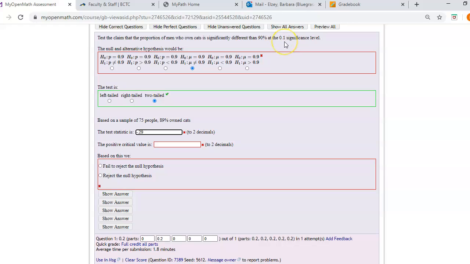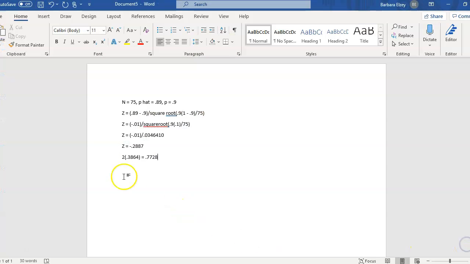We have a significance level of 0.1. All right, so it is a two-tailed test with a significance level of 0.1. Let me go back to my page here. All right, so we want to take 0.1 and divide it by 2, which gives us 0.05.